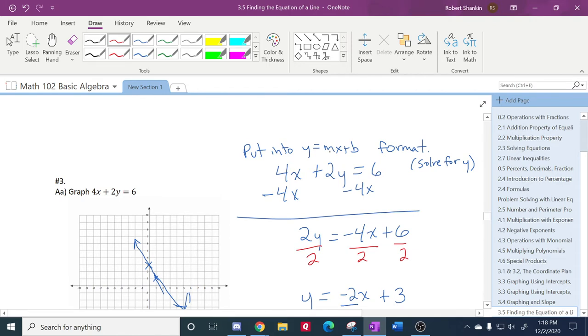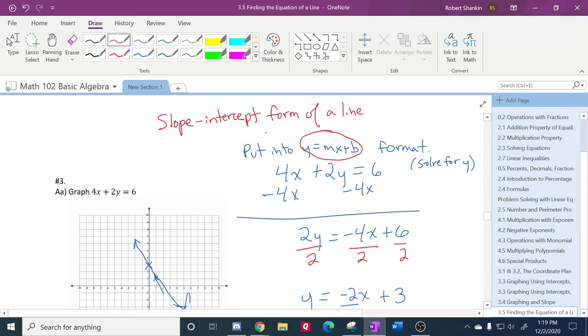All right. Now this format, y equals mx plus b, has a name. It's called the slope-intercept form of a line.